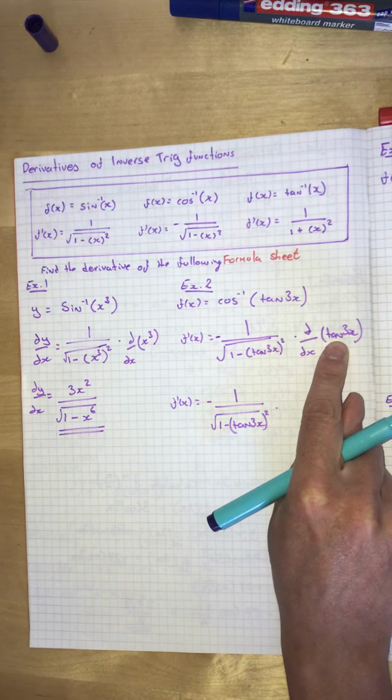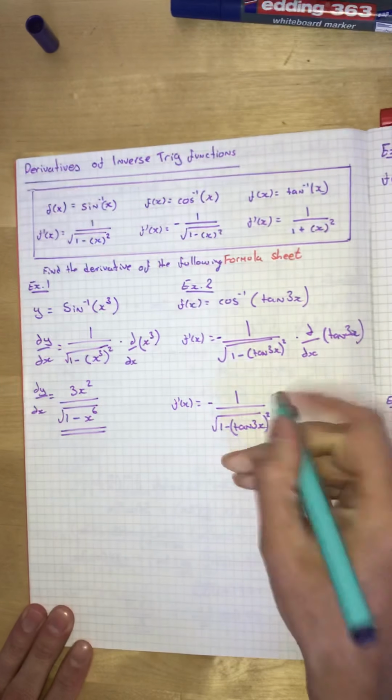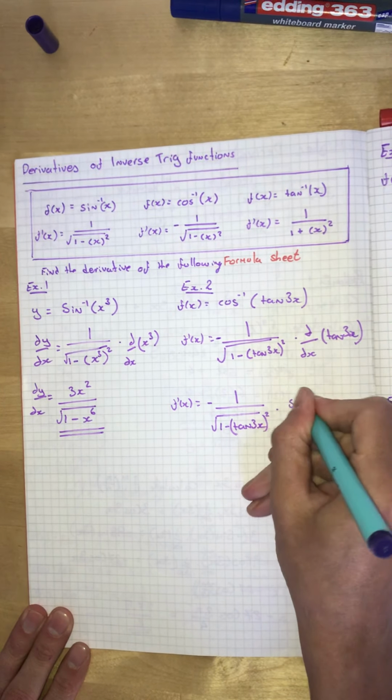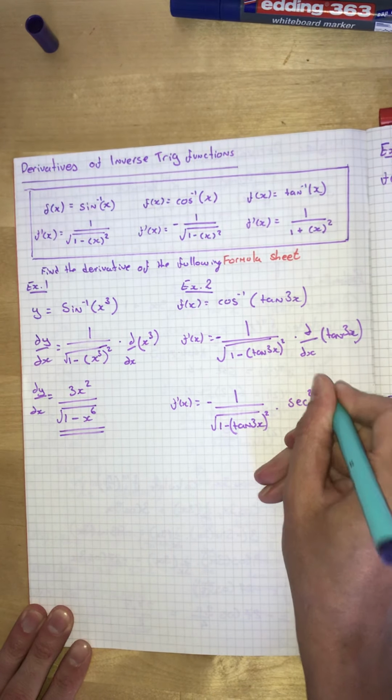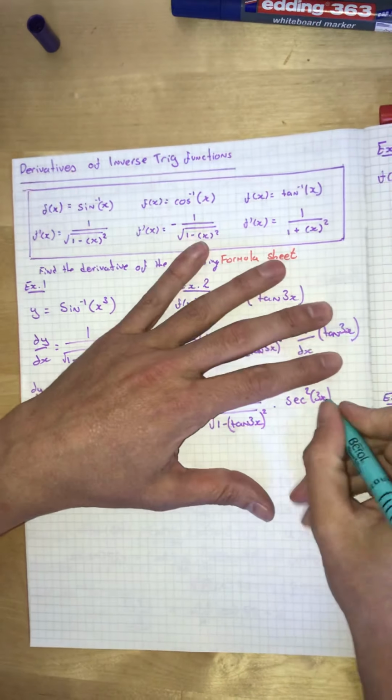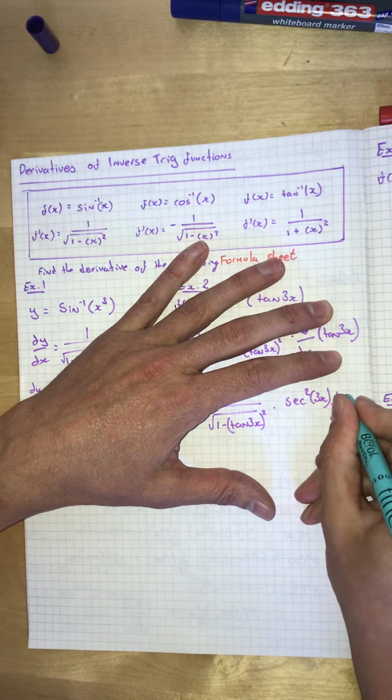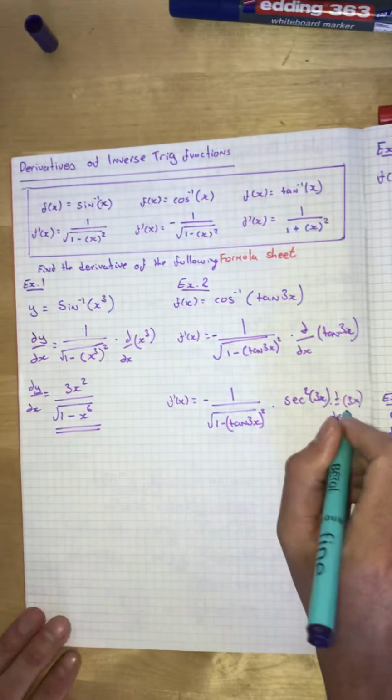It tells me that the derivative of tan x is sec squared x, so it's going to be sec squared 3x, and then think chain rule again, times the derivative of 3x.